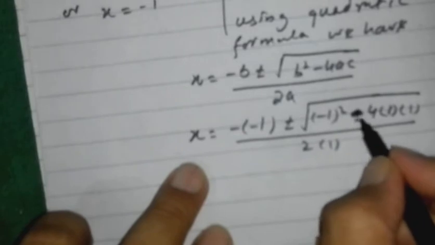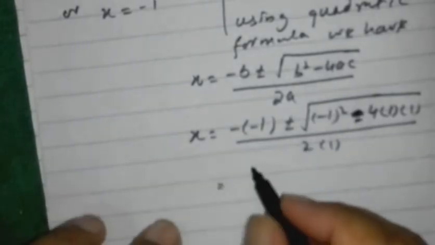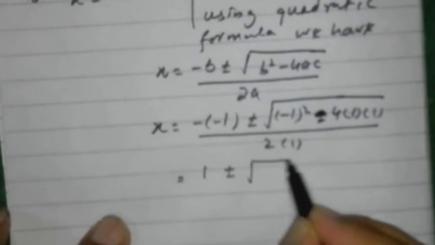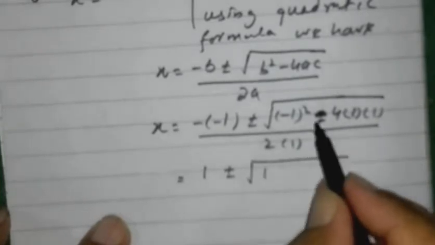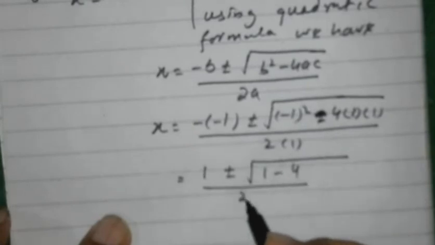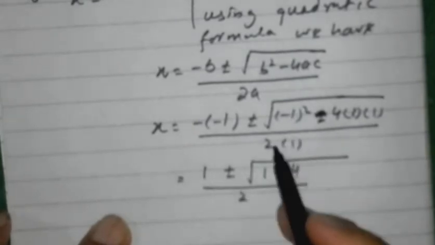This is only minus sign. So we get here minus into minus, plus 1 plus minus under the root 1 minus 4, whole over 2. Minus 1 square we get 1.